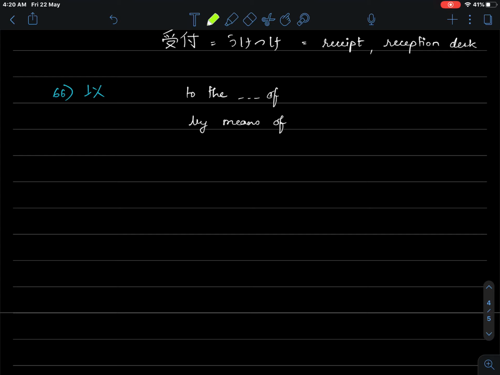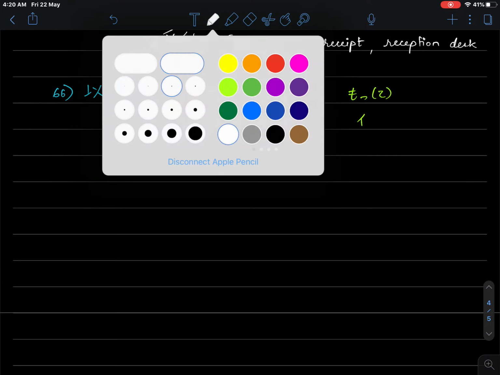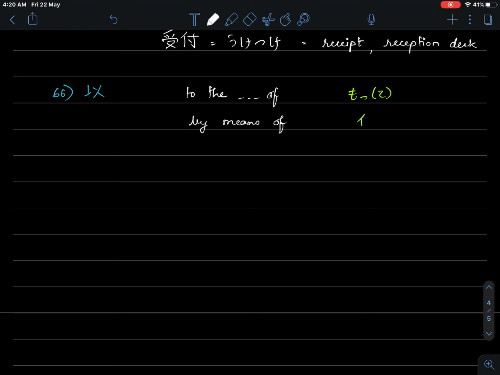The kunyomi is motte, and the onyomi is i. Now let's have a look at some words.